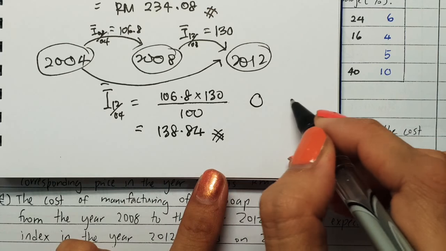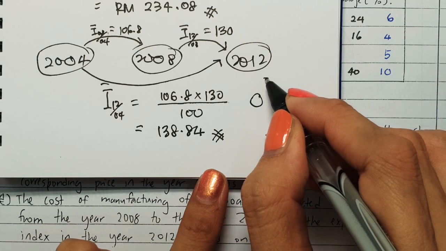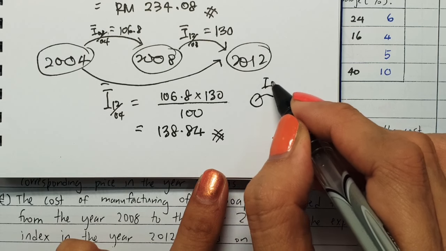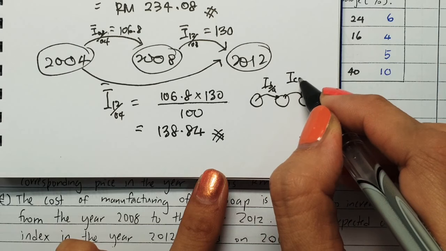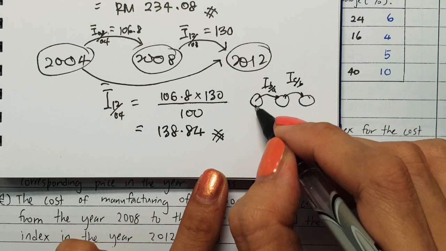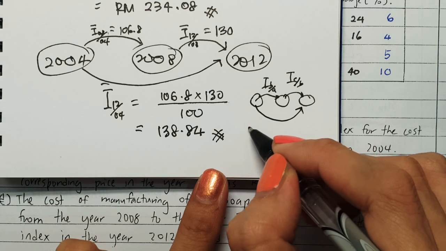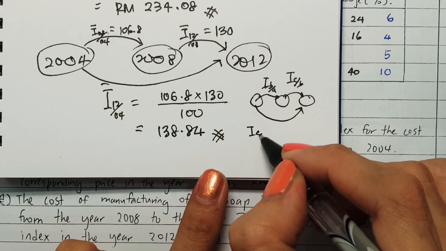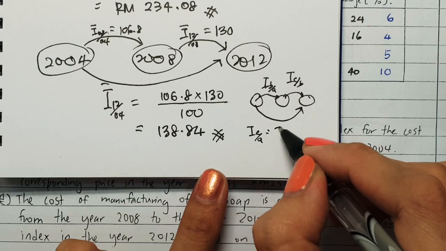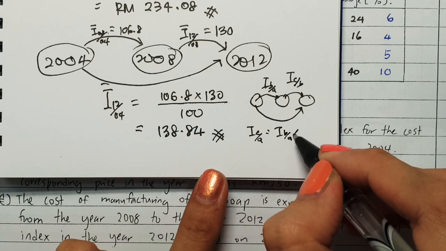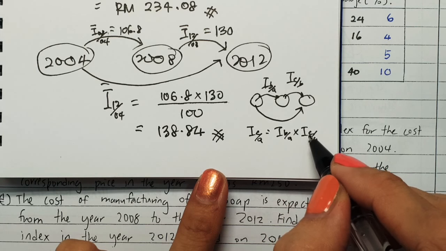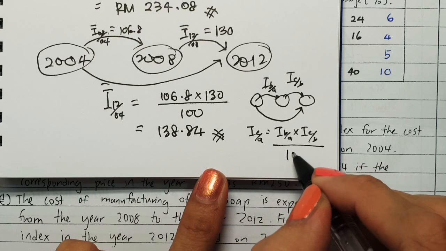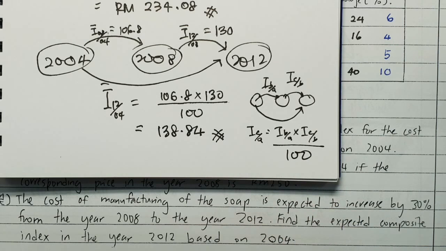You have two things like this: the index B compared to A, and then the index C compared to B. If we want to find C compared to A, it will always be B over A times C over B. So when you cancel the B and the B, you're left with C over A, then divided by 100. Okay, so this is how you memorize the formula.